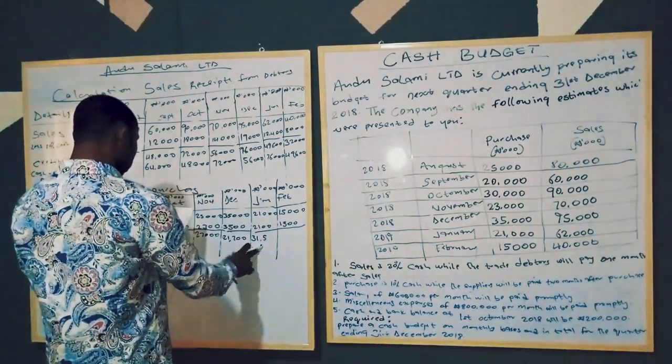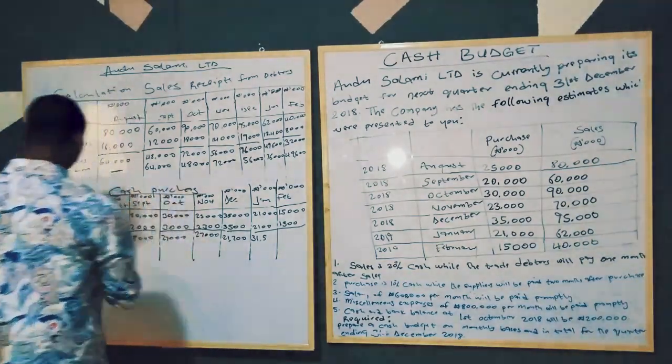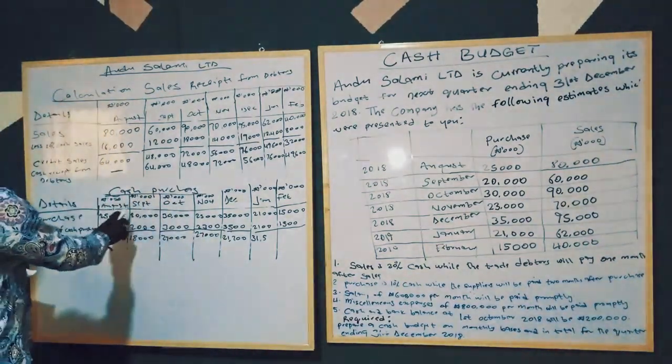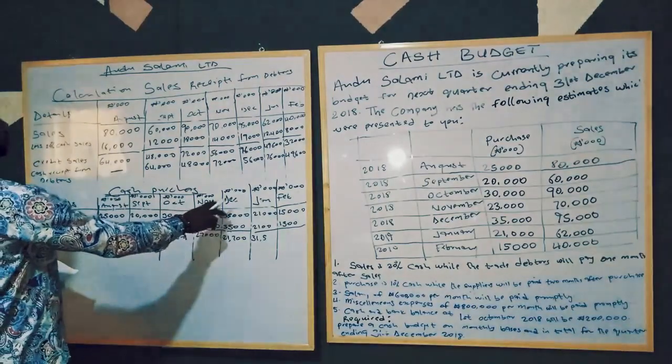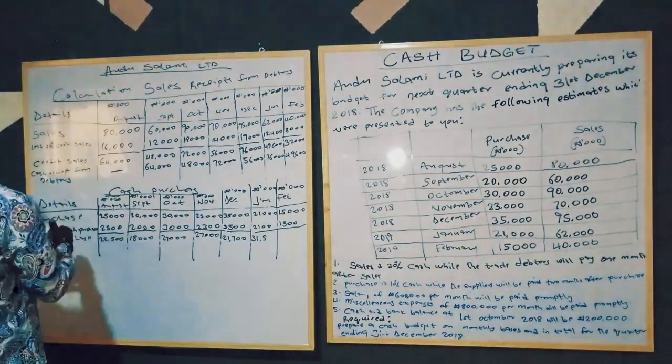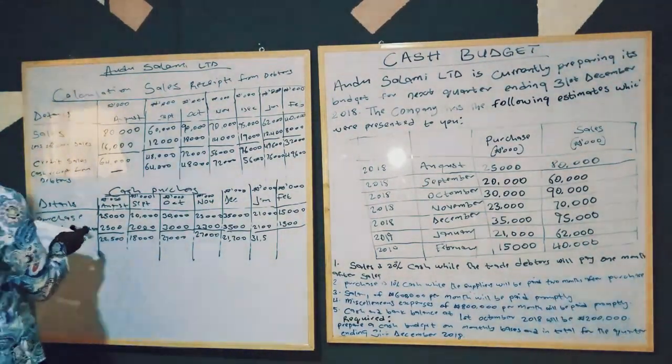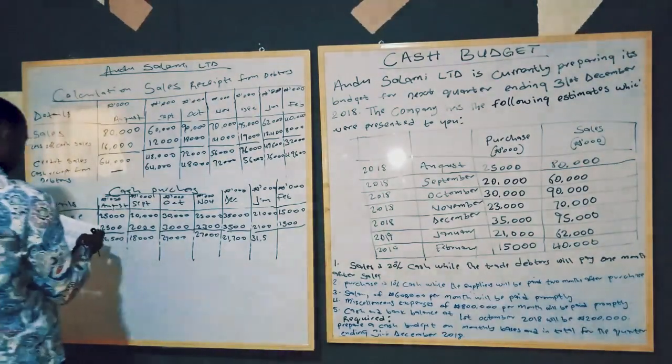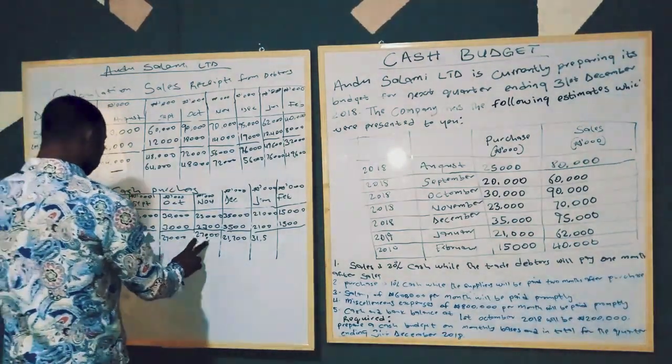And we have August, 25, 18,000, 27, 21, okay.